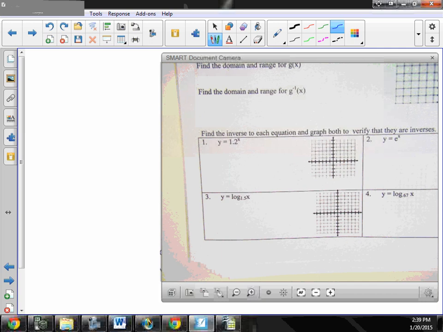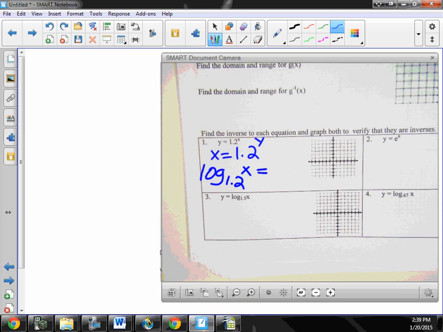So first I need to calculate the inverse. y equals 1.2 to the x becomes x equals 1.2 to the y. How do I solve for y? Convert. So log base 1.2 of x equals y.